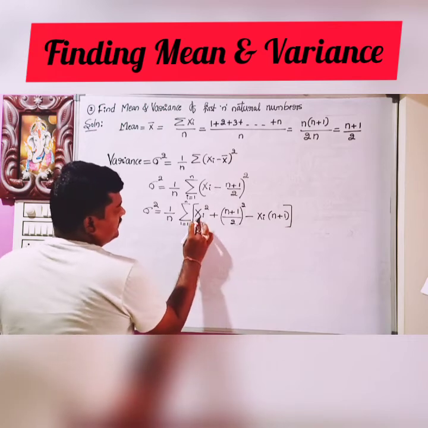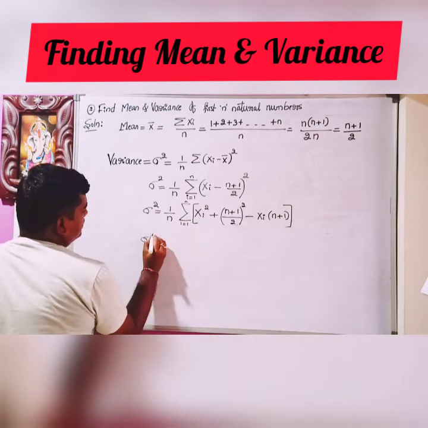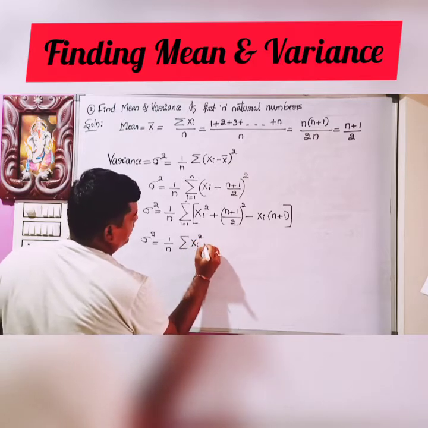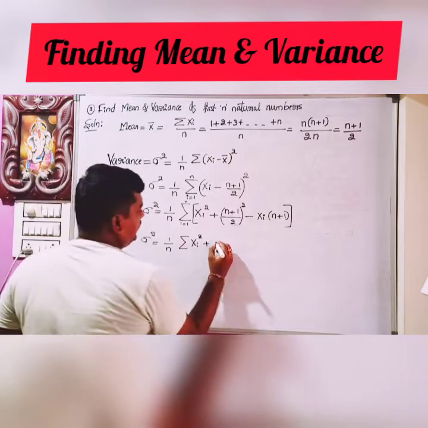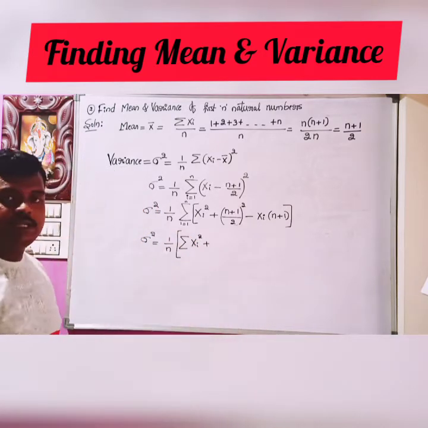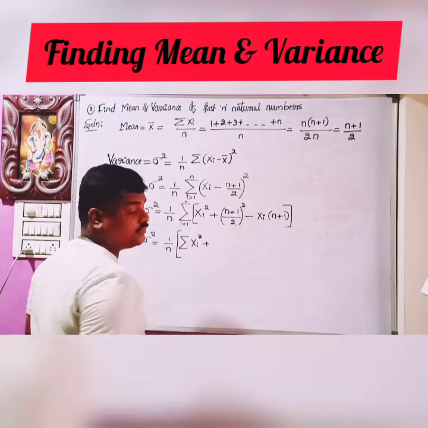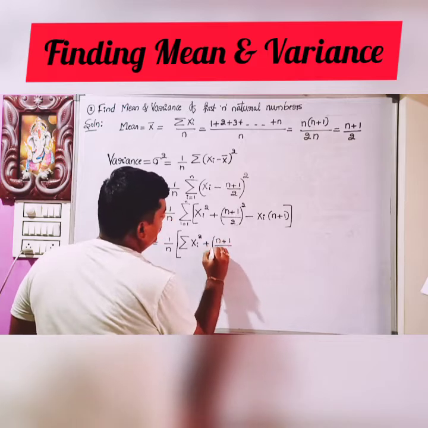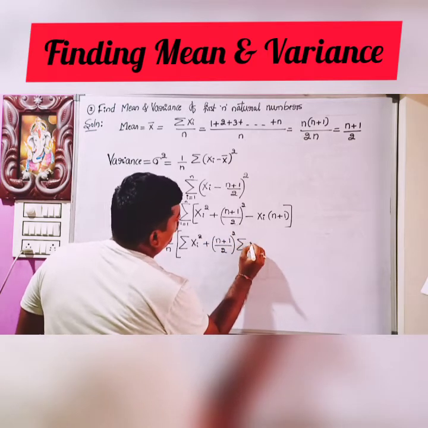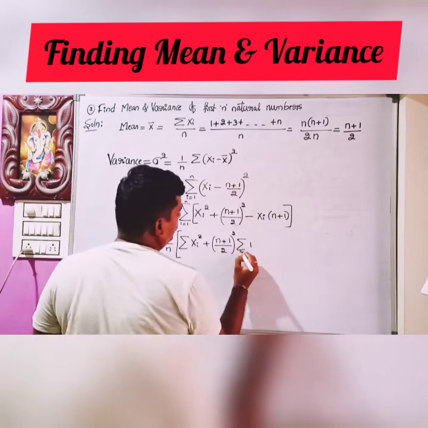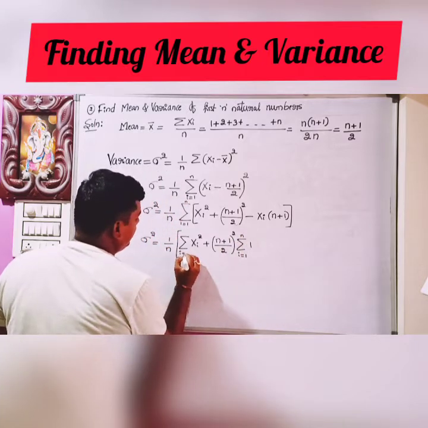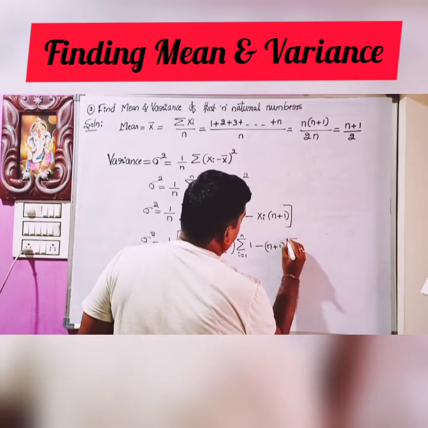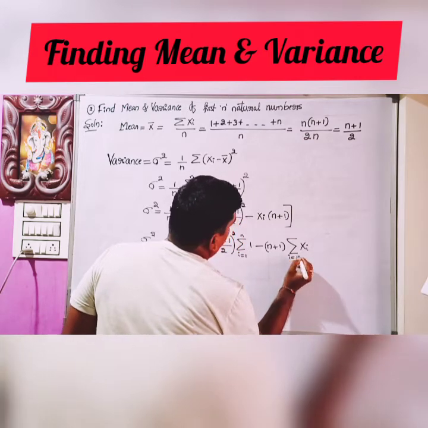So sigma square is equal to 1 by n, in a bracket: summation xi square, plus, for the second term, n plus 1 by 2 whole square, which is independent of i, into summation 1, i from 1 to n, minus, for the third term, n plus 1 is a constant, times summation xi, i from 1 to n.